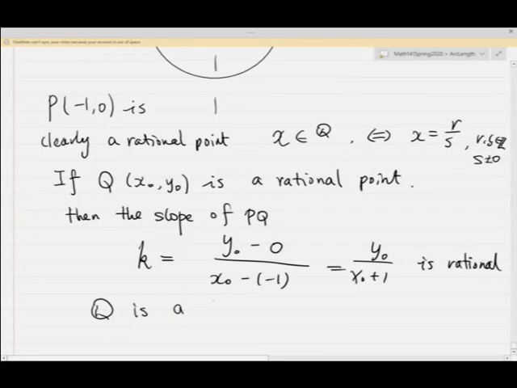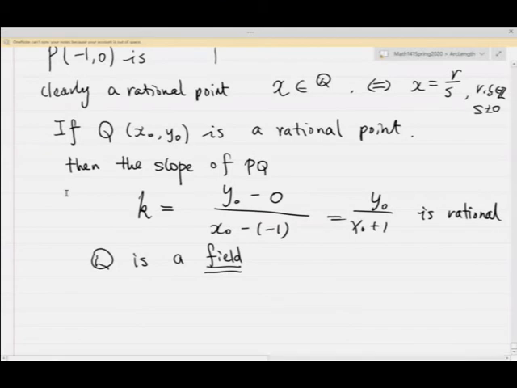Q is a field. The corresponding word for field in German means body, because Q is closed under division, multiplication, subtraction, etc.